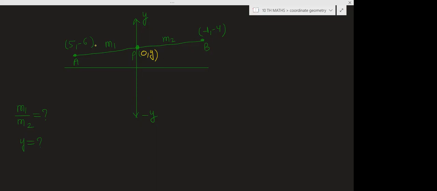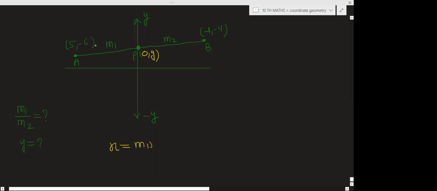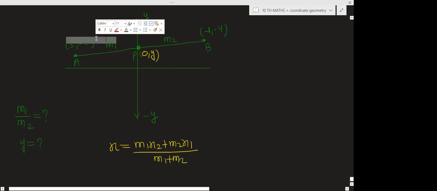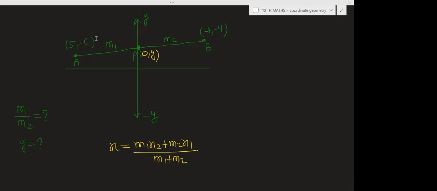So for the x coordinate you will write x is equal to (m1 x2 + m2 x1) divided by (m1 + m2). So this is m1, this is m2, we have to find.